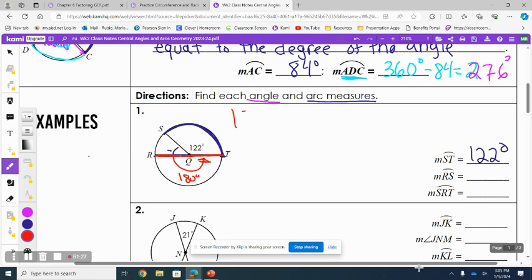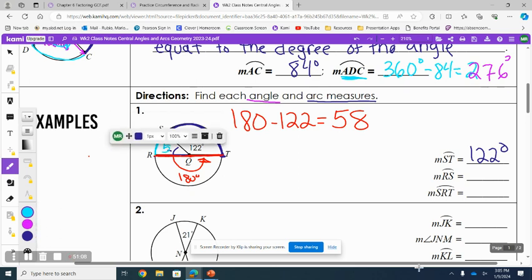Does that make sense? 8, 9, 10, and that's 80. Yeah, should be. Yeah, 58. So that means that this little piece right here is 58. Okay? Does everybody understand where I got that from?